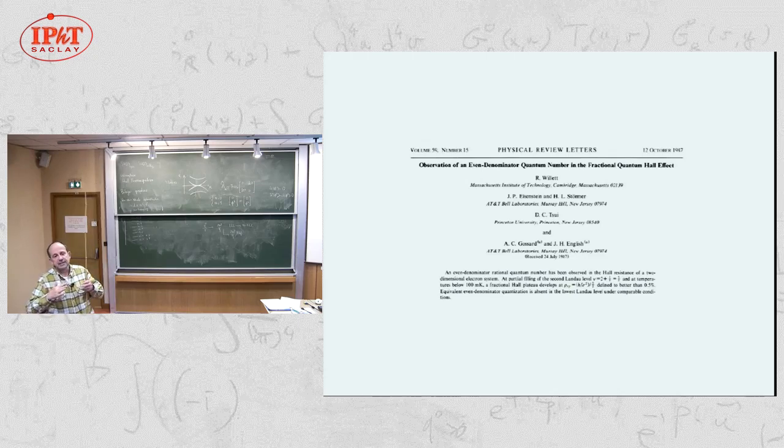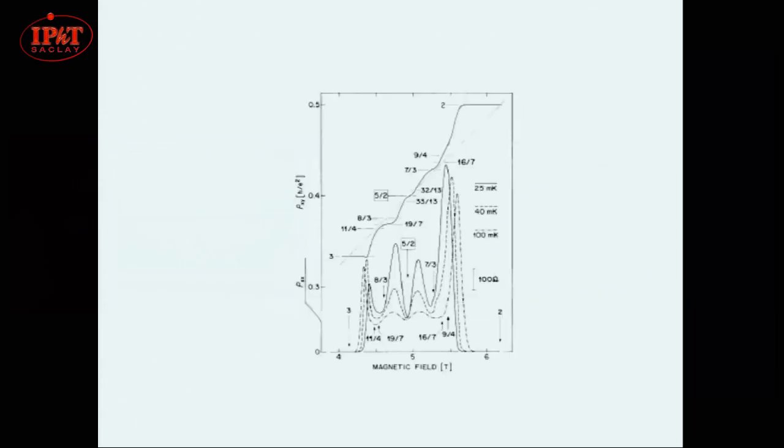Of course, if we had spin degrees of freedom, then things may be different. But anyway, all polarized fractions should have odd denominator. So the observation of an even denominator was something of a mystery. That was a long time ago. It has been confirmed since that time by many experiments. So let me show you.